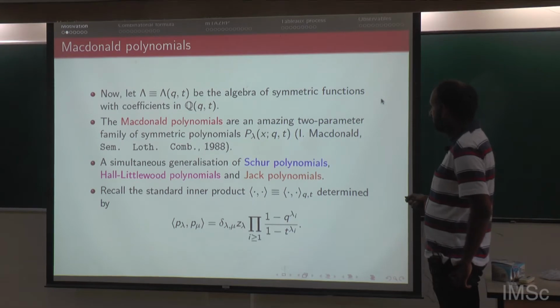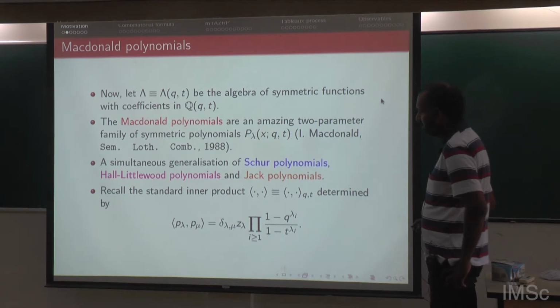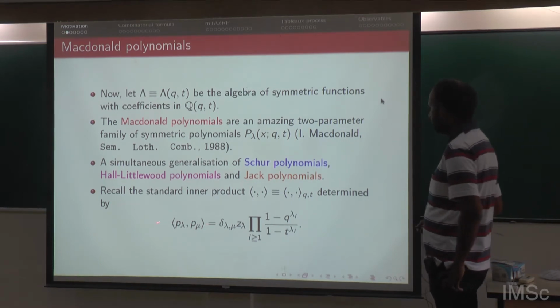To define the Macdonald polynomials, there are two ingredients, and I need this symmetric inner product. This is defined in terms of the power sum symmetric functions.